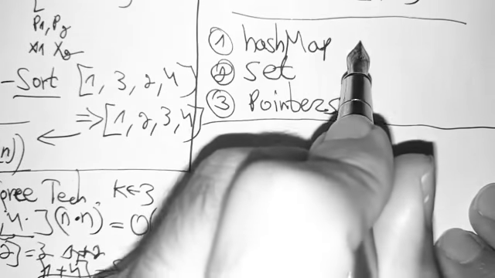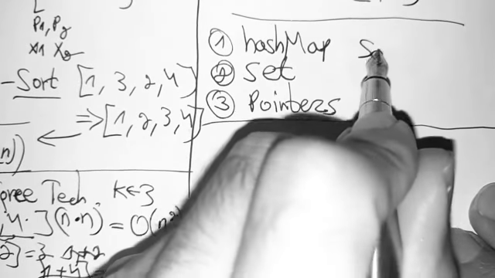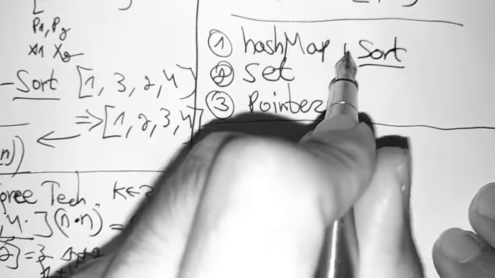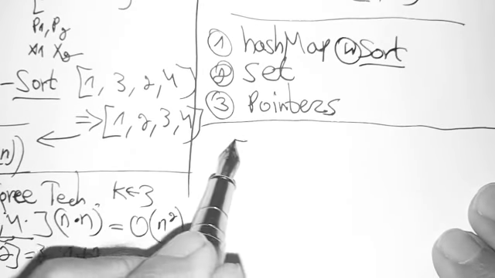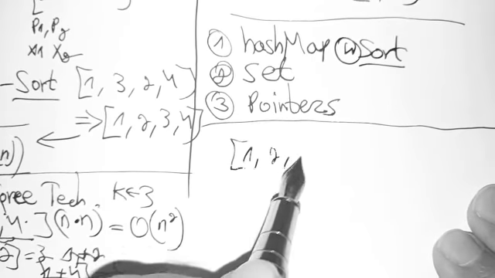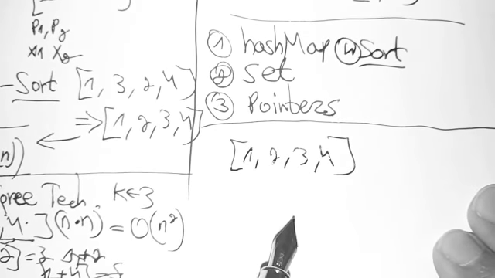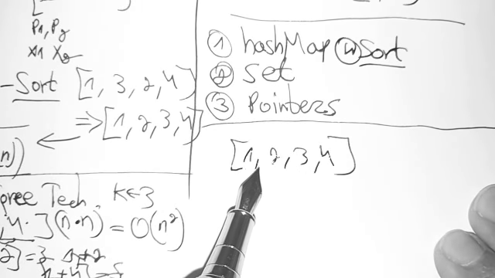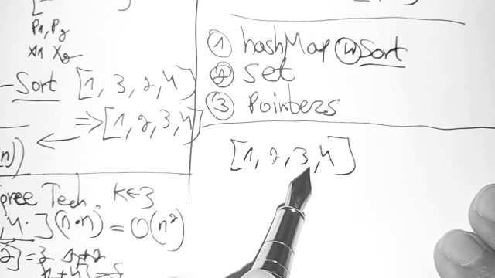We said that one of our techniques was to sort the array. So let's sort it. If we sort the array, we get this array, and now we need to get to the number 3.